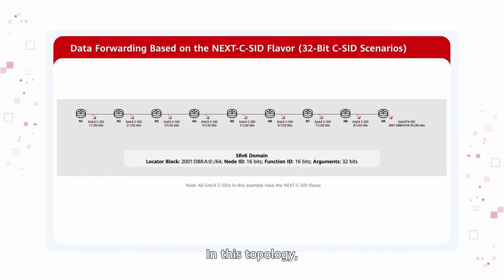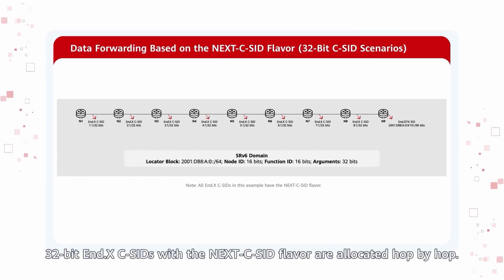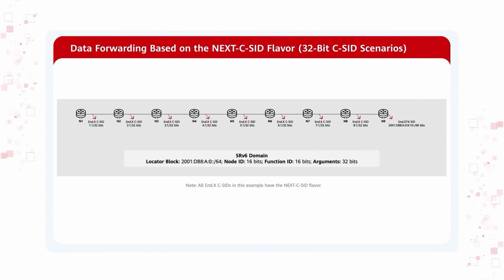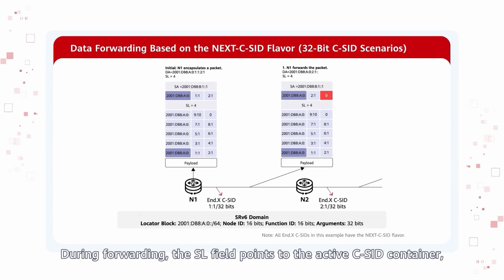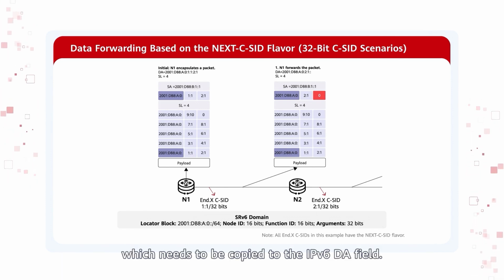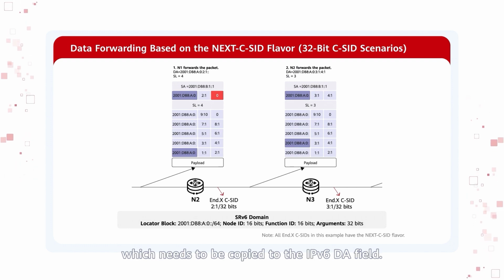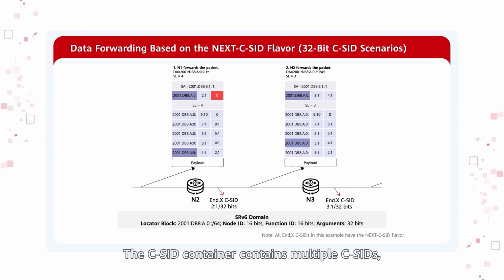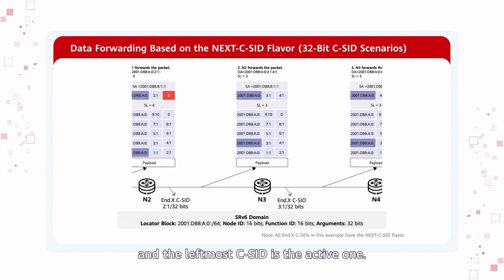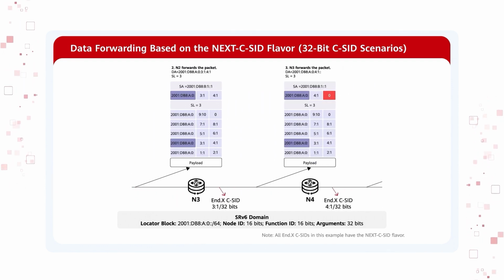In this topology, 32-bit end X C-SIDs with the next C-SID flavor are allocated hop by hop. During forwarding, the SL field points to the active C-SID container, which needs to be copied to the IPv6 DA field. The C-SID container contains multiple C-SIDs, and the leftmost C-SID is the active one.